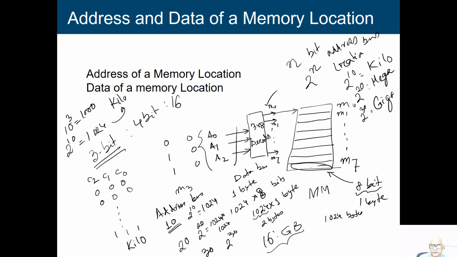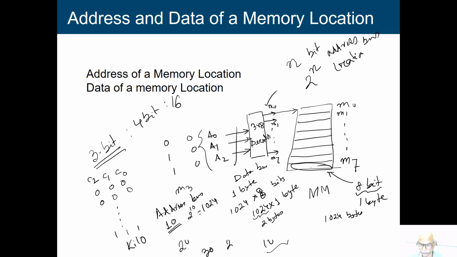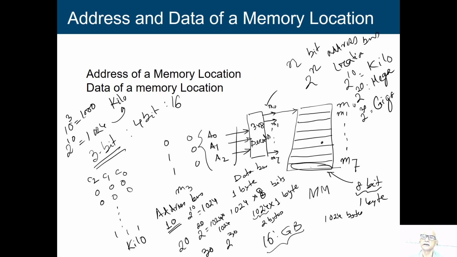For 1 GB it is 30, for 2 GB it is 31, for 4 GB it is 32, for 8 GB it is 33, for 16 GB it is 34. That means we need 34 bits of address lines to uniquely go to a particular memory location of a memory space of 16 gigabyte.